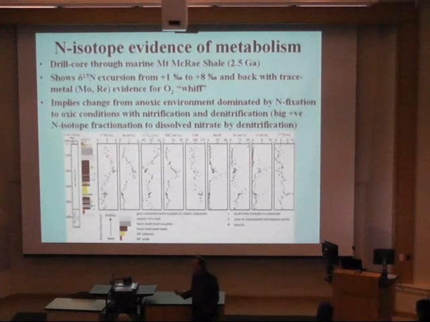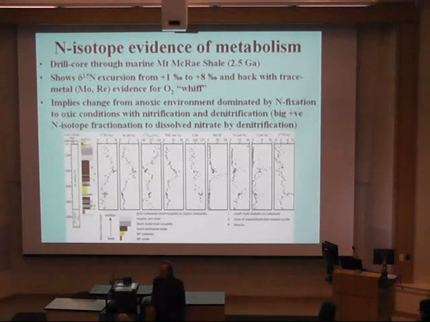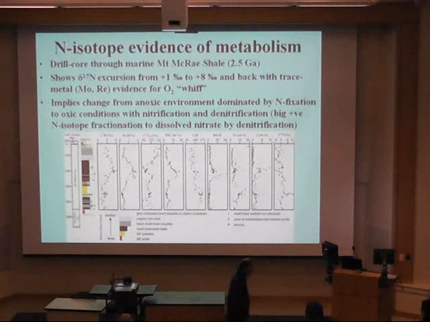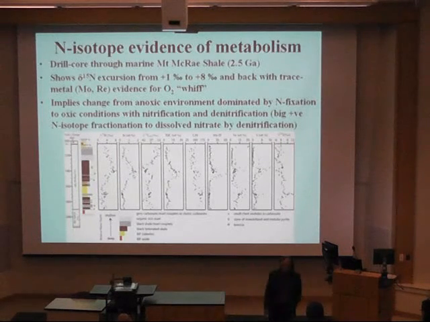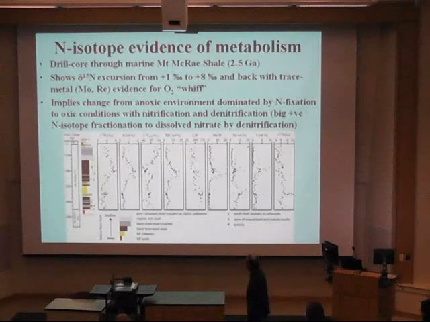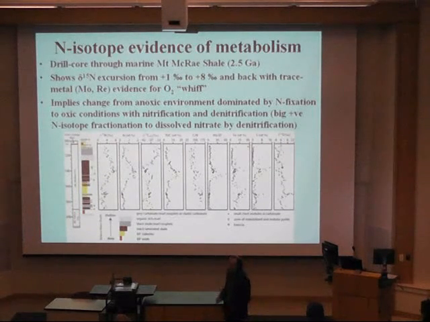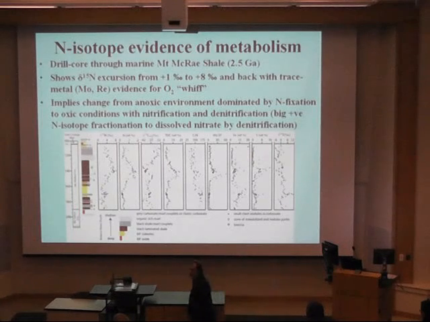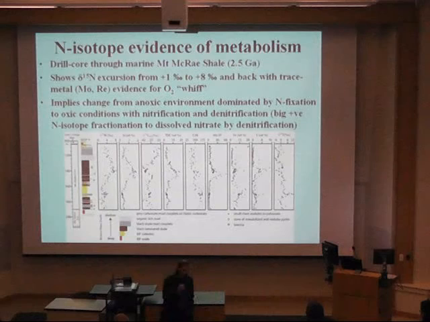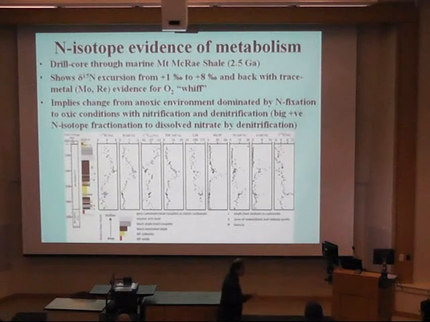This can be explained by the operation of two microbial metabolisms. One is nitrification, taking ammonium and oxidizing it to nitrate, and then the nitrate gets reduced back to nitrogen gas by a process called denitrification.